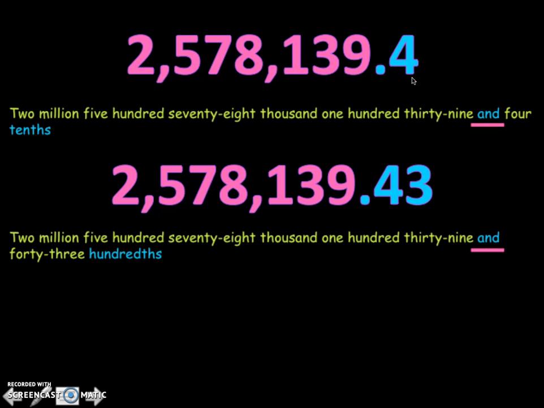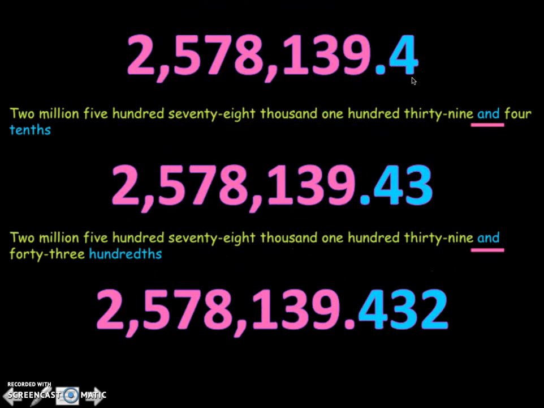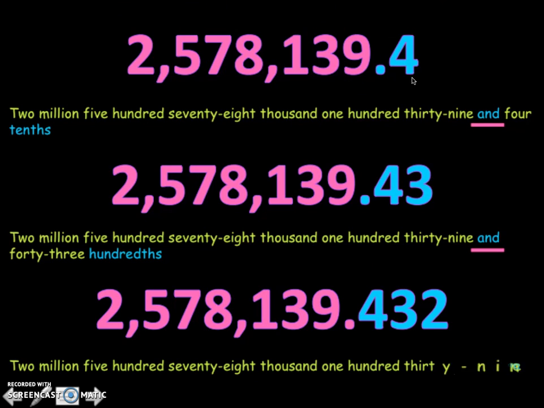This is how you would read and write this number. 2,578,139 and 432 thousandths. Each time you look at the place value in which your digits go to look for the placeholder in order to read the number.